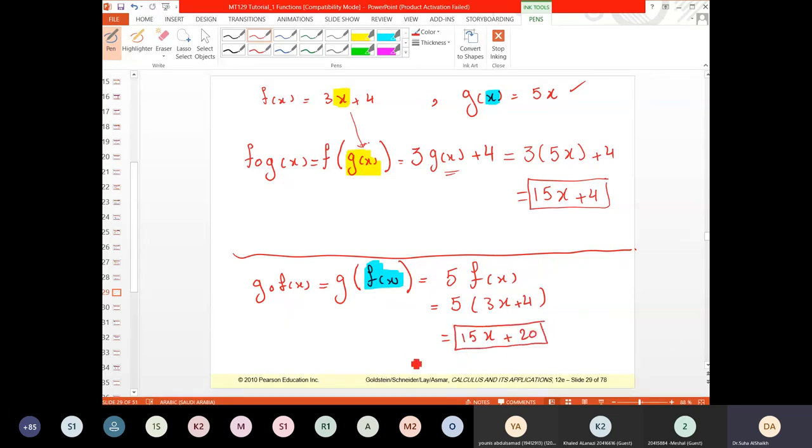Yeah, good. Notice that f circle g is different than g circle f. They are not equal. Even though I can find both, sometimes they are not equal. And in some cases, it's not even possible to find the opposite. We can find f circle g, but we cannot find g circle f, and this is due to the domain.